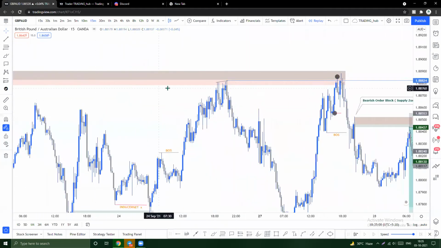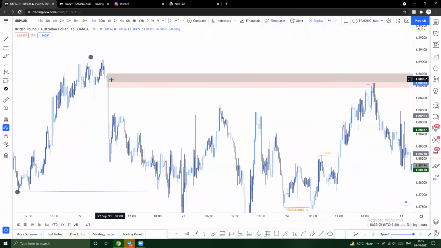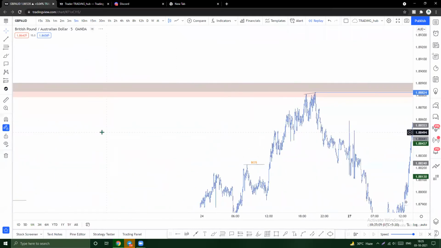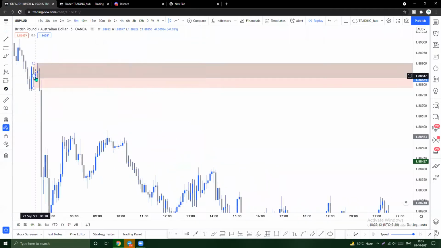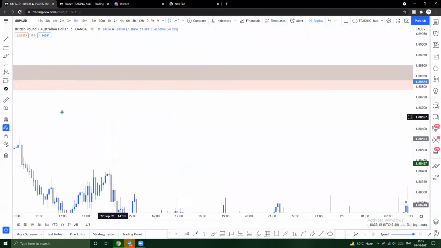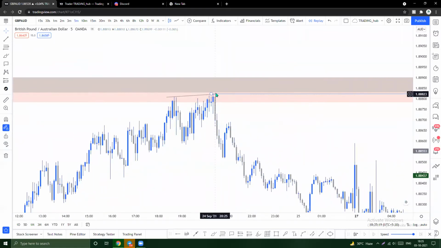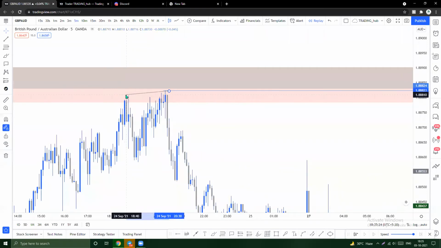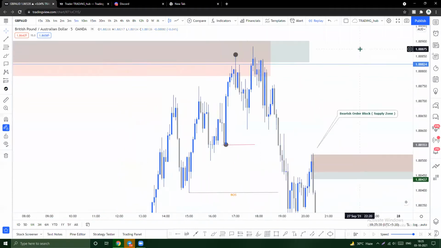In this order block, I refined into a lower time frame, like 5 minutes, and I see here a 5-minute order block, which is here, right? On the first attempt, the market did not take this order block and created this liquidity, and then this time the market mitigated this order block at this point right here.